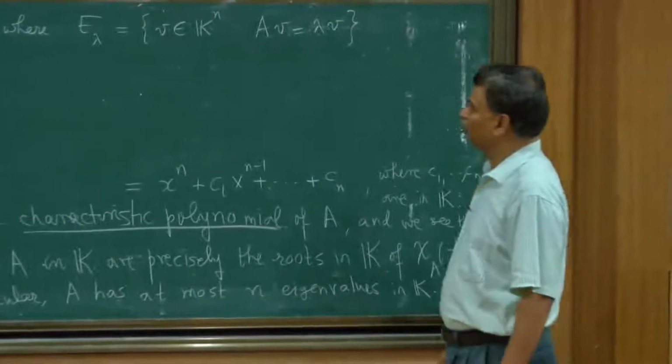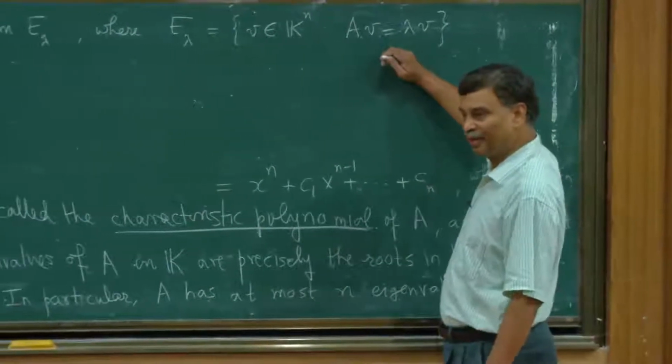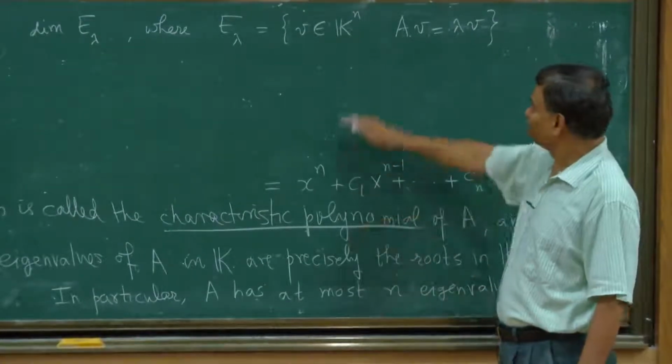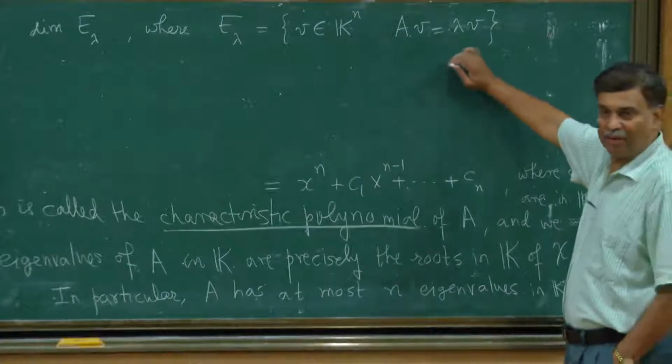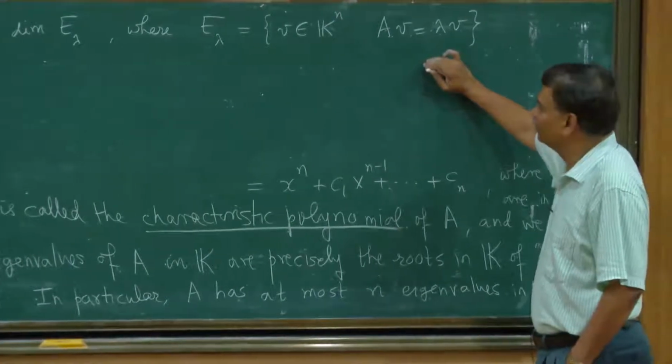So you look at all possible eigenvectors and put 0 in it also. Here I am allowing V to be 0, and that collection will obviously form a subspace of Kn.